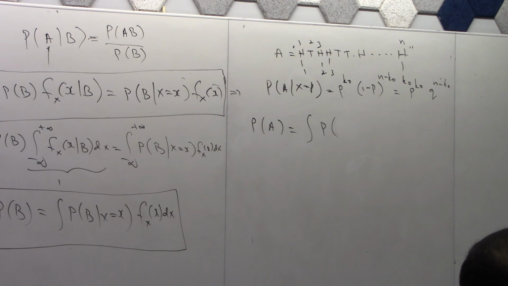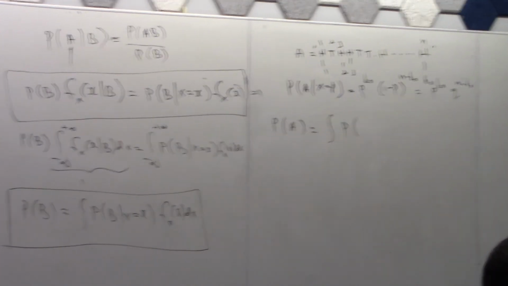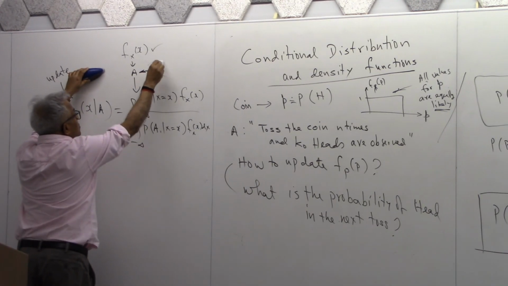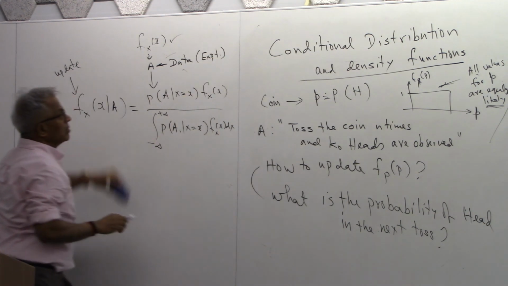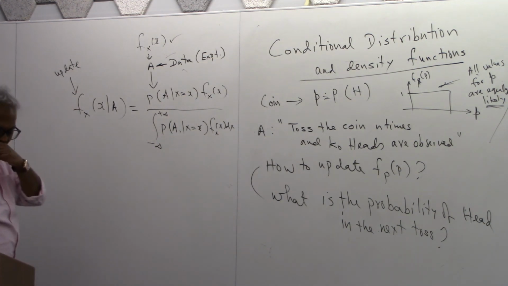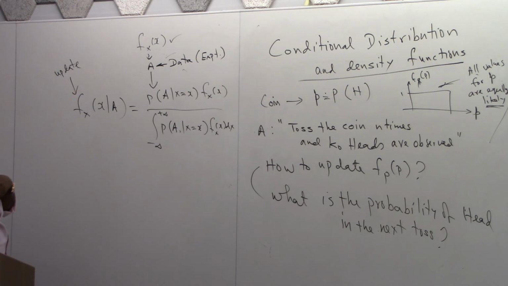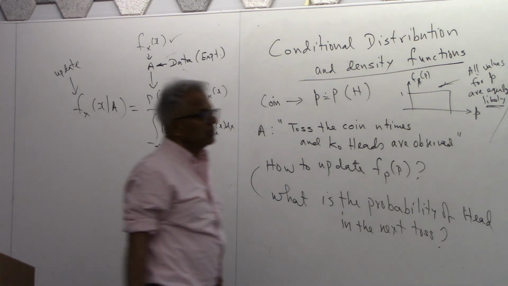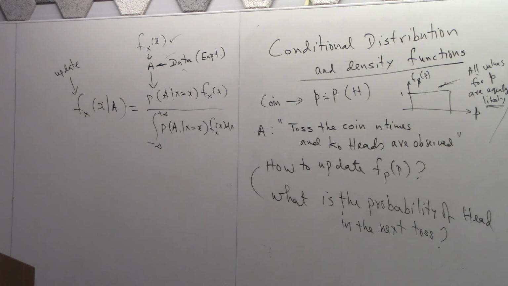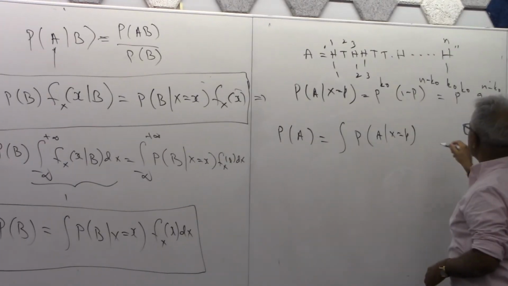So if you want to rewrite for our experiment, this is new data on the experiment. Some event of interest was correlated with X. So how do you update the information? This is f_X given A equal to P(A given X) multiplied by f_X(x).